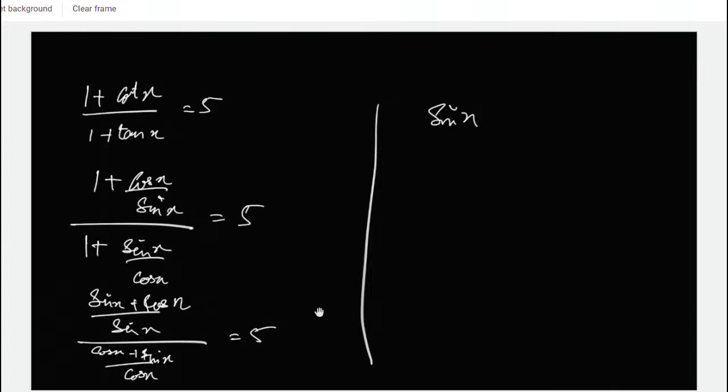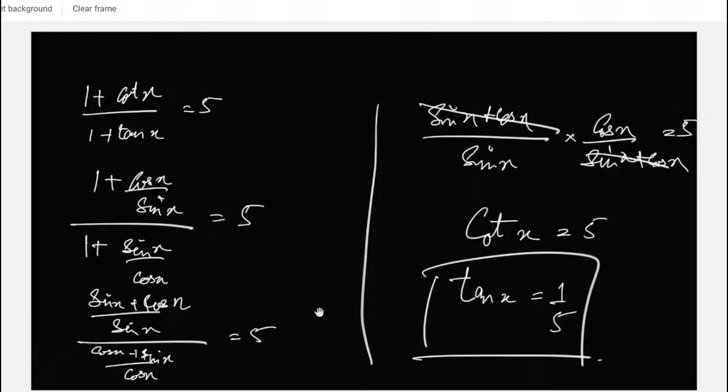We have got 1 plus cot x, I'm doing it on slide 2. So sin x plus cos x over sin x, into... cancel out cos x. So it means I have to ignore the solution of tan x is equal to minus 1.